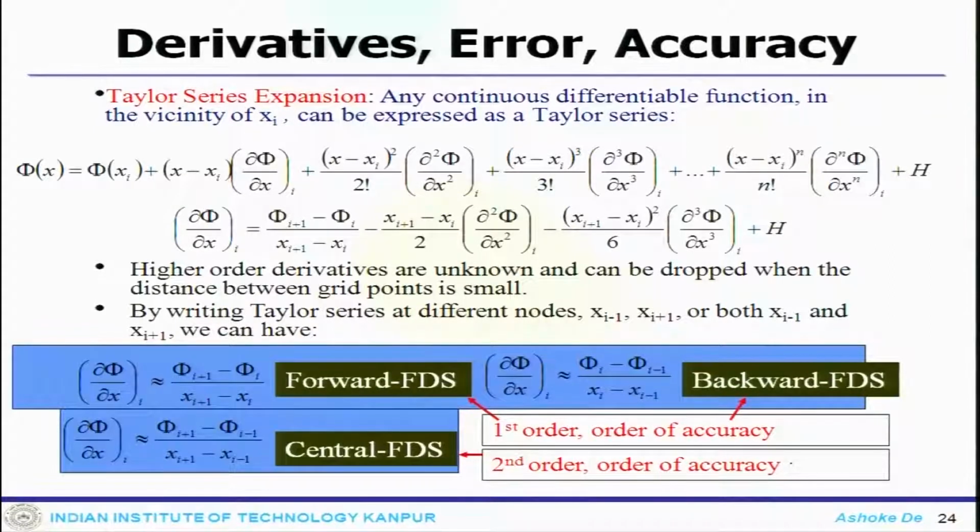put them together, this is what the Taylor series does. For any function at a given point, you try to find the function at any given location using a point I. This is the point I and this is a point where it is at x.